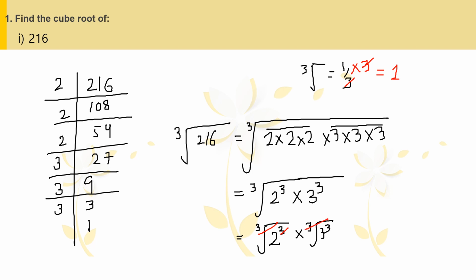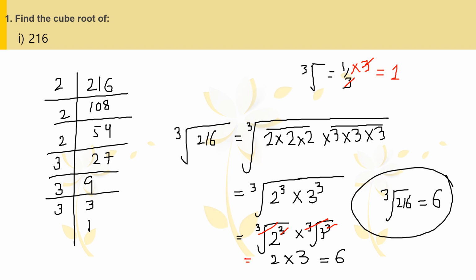This cube root will cancel with this 3 and you will get 2 multiplied by 3, that is 6. That means the cube root of 216 is 6, which in other words means that 6 multiplied by 6 multiplied by 6 will give you 216. You can check it by using simple calculation or you can use a calculator to check your answer.